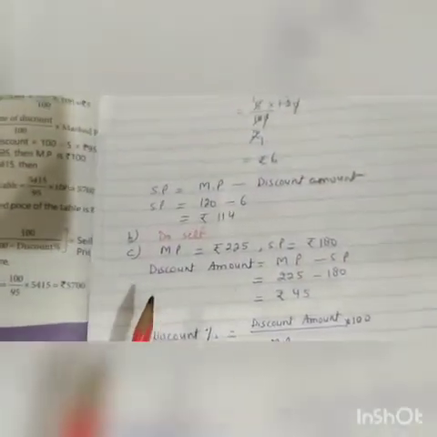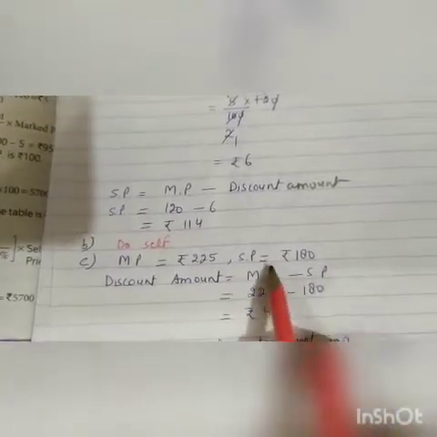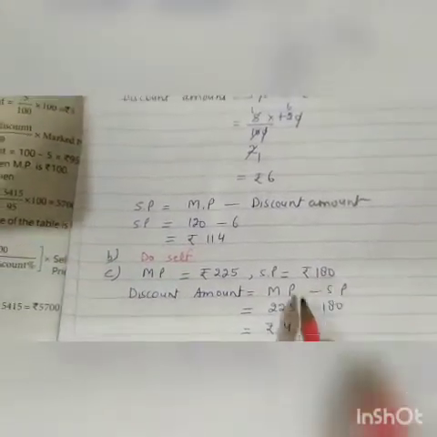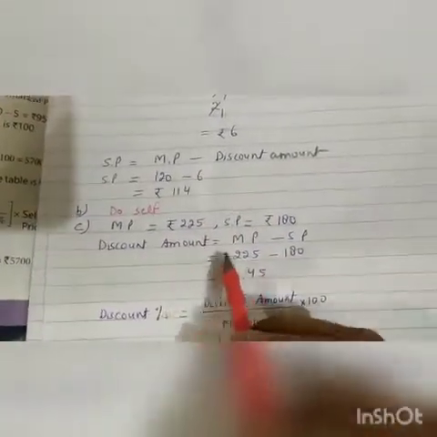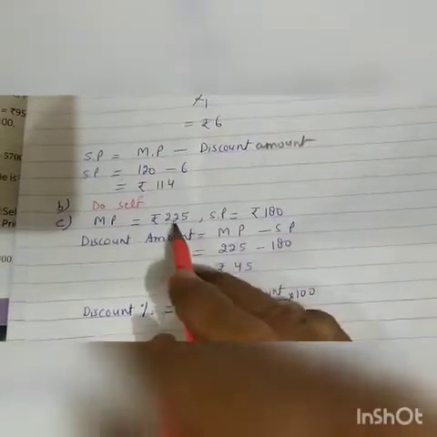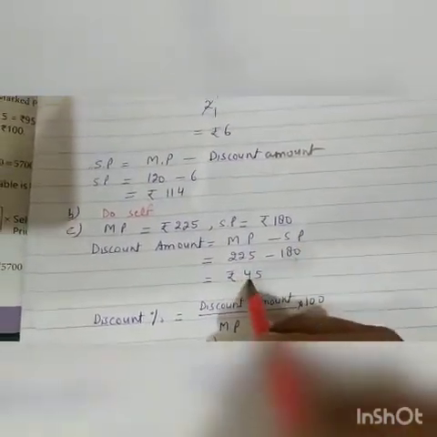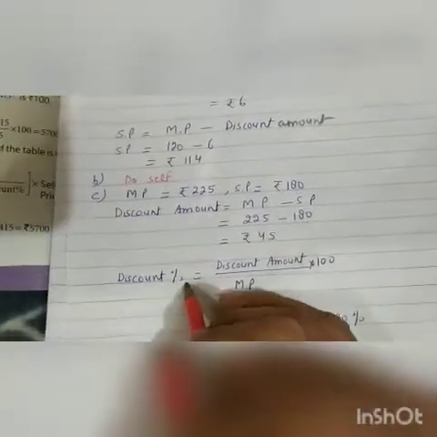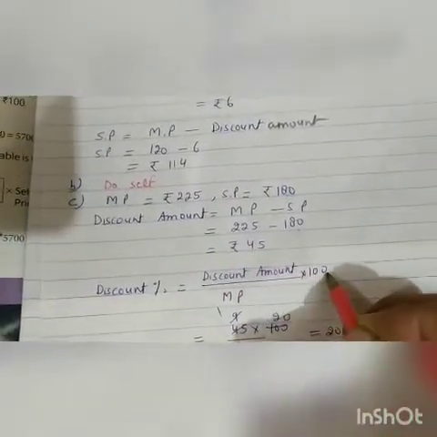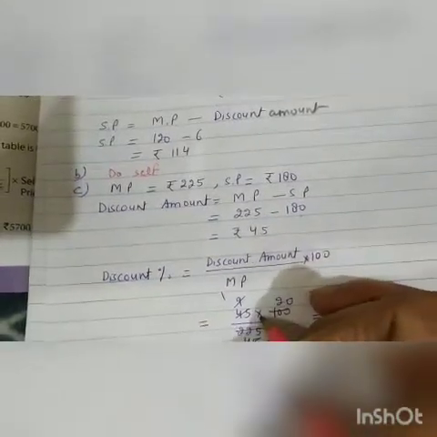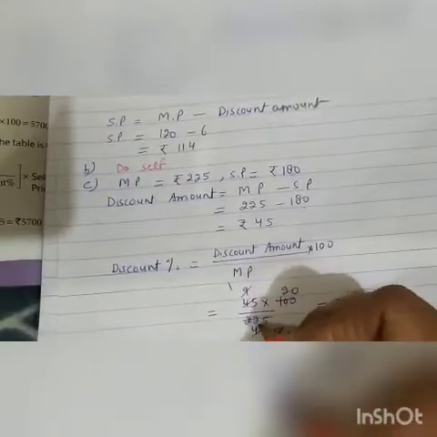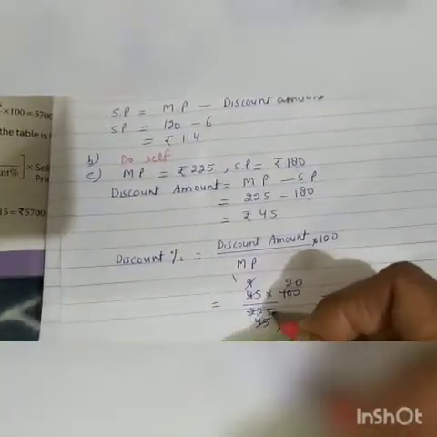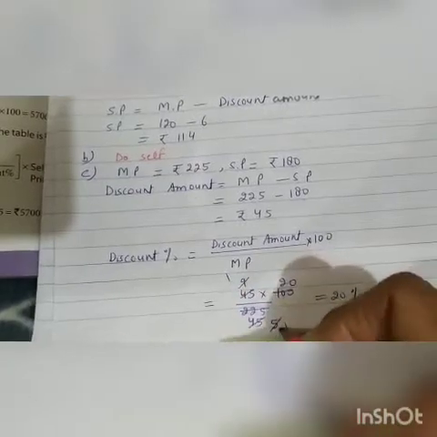Now come to C part. In C part, mark price is given 225, selling price is given 180. It is the same as C part in the first question. So discount amount is equal to mark price minus selling price. Mark price 225 minus 180 is 45 rupees. Discount percent is equal to discount amount upon MP into 100. So discount amount 45 into 100 upon 225. 5 9s are 45, 5 4s are 20, 2 remainder, 5 5s are 25, 9 1s are 9, 9 5s are 45.